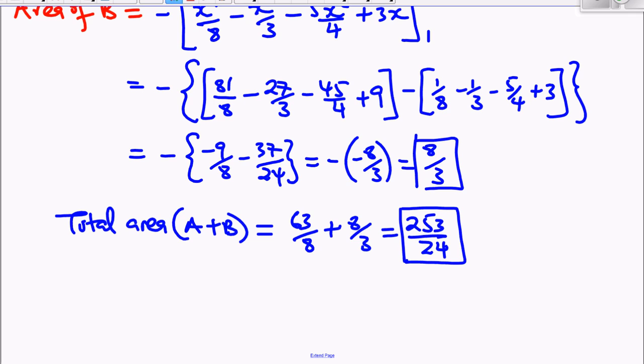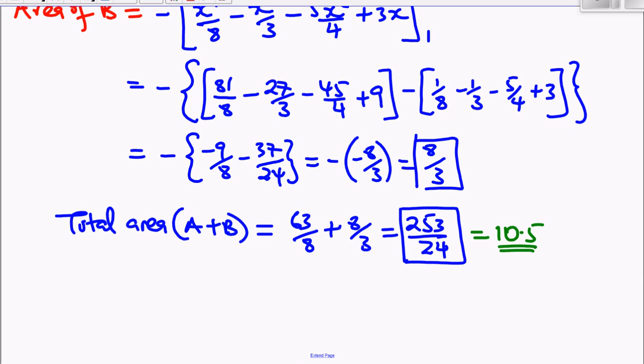You can plug this in your calculator. Should be able to get 10.5. But that's the process on how you can work out the area of A and B that straddle about the x-axis.